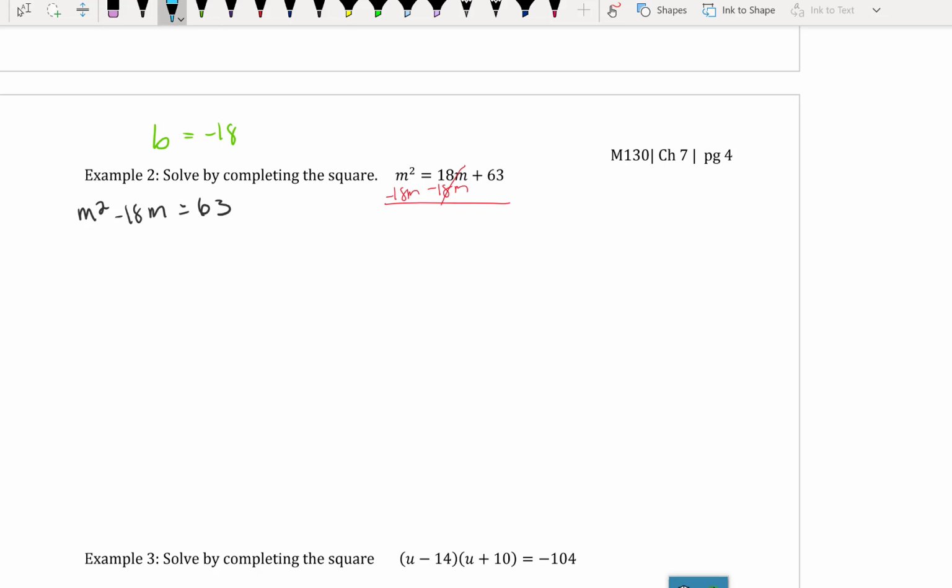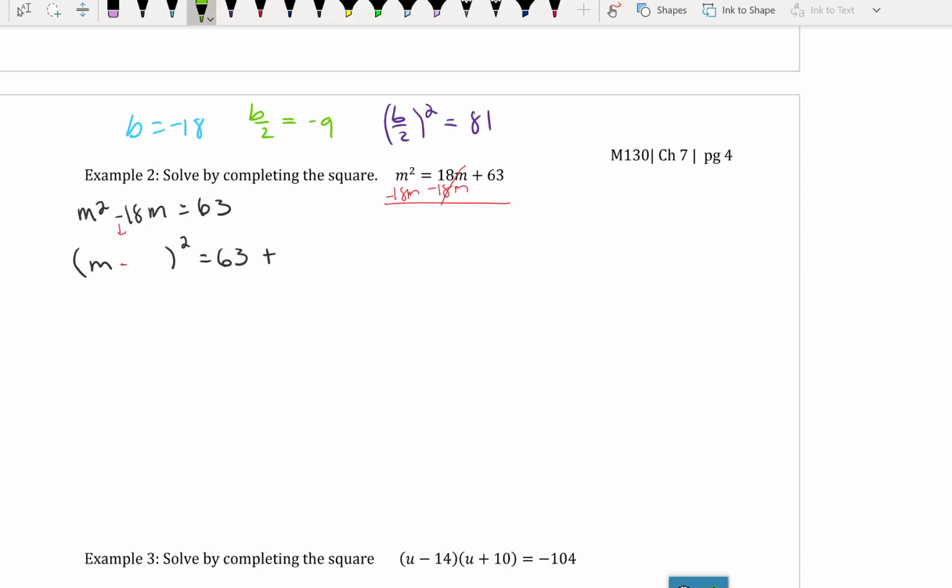So now I'm going to color code it, here we go, b is equal to -18, there we go. So then my b divided by 2, if I were to cut that in half, would be -9. If I were to square that, well, -9 times -9 is a positive 81. So now my outline, and since it's a minus, I'm going to bring down my minus sign.